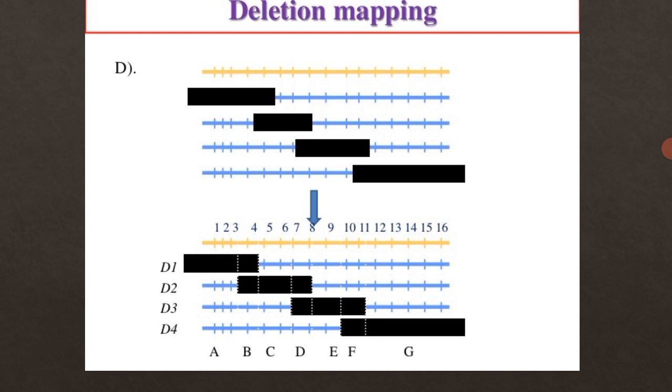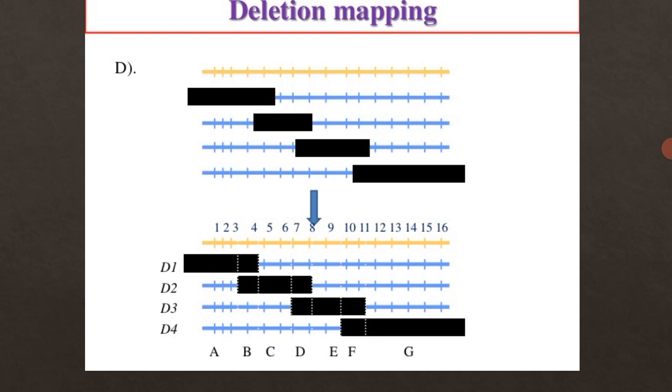Now you can see here the number of the genes, 1 2 3 4 5 6. Then D1, D2, D3, D4 are deletion 1, deletion 2, deletion 3, deletion 4, and the strains are A B C D E F G.